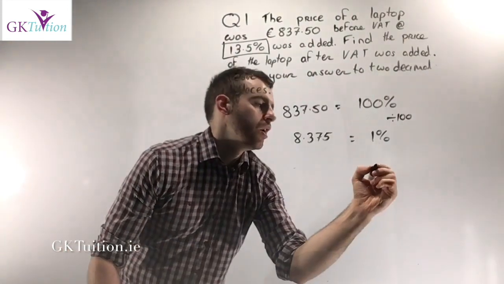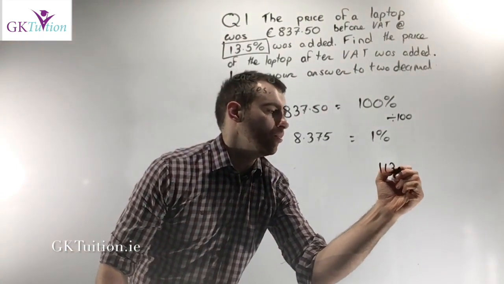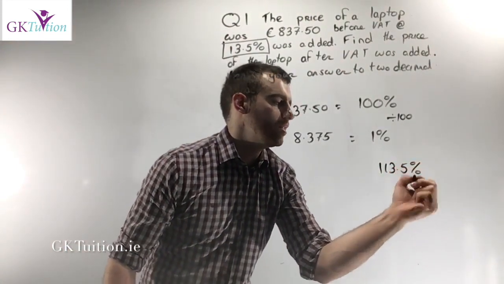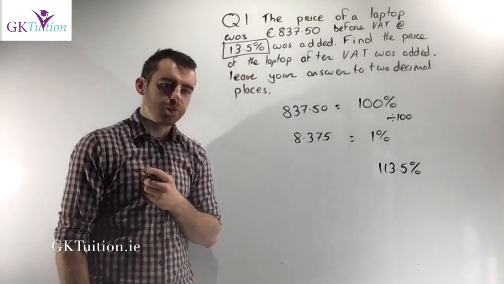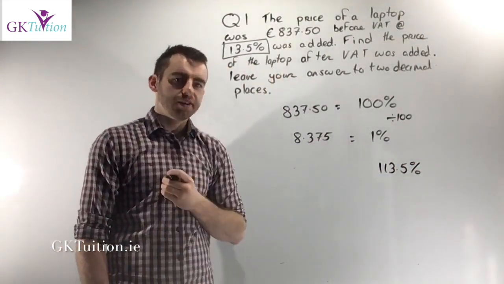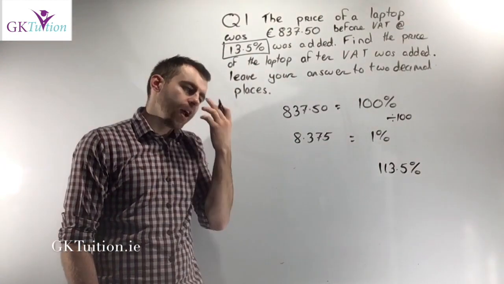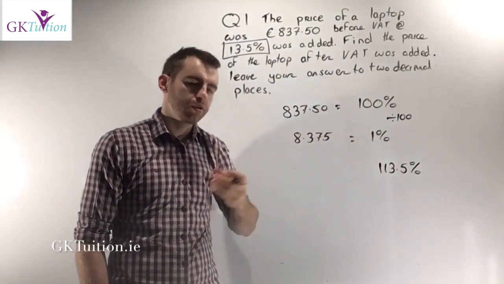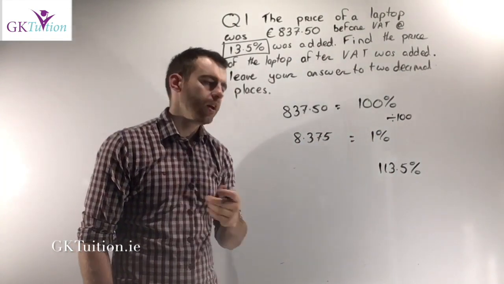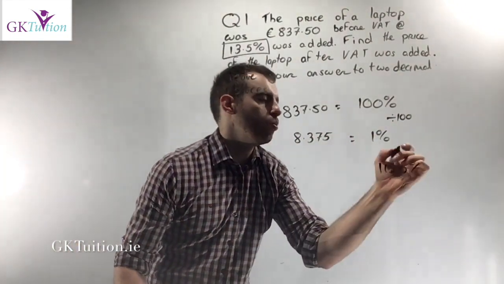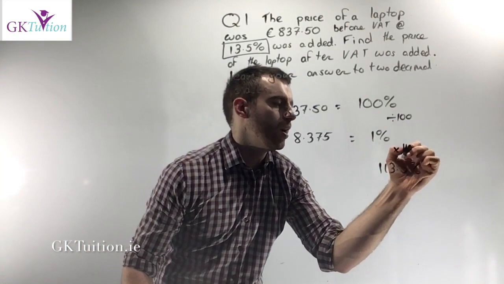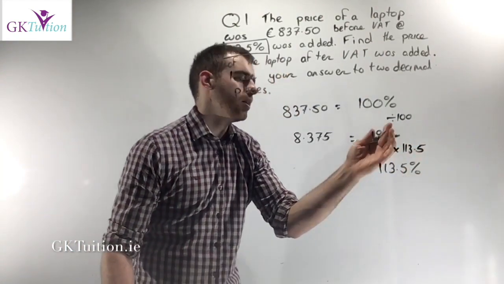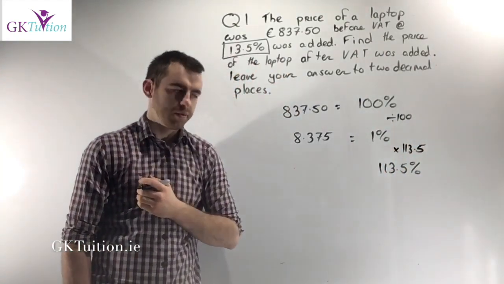Or in other words, you're going to have 113.5%. I need to work out what is 113.5% of the price of this laptop. So you have to ask yourself, what do you need to do to the right hand side to go from 1% to 113.5%? Clearly, if you get 1 and you multiply it by 113.5, that will give you 113.5%.